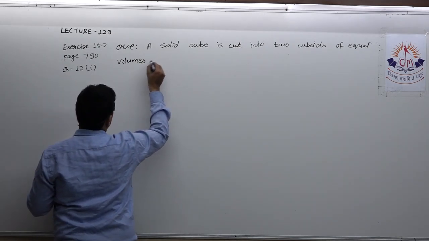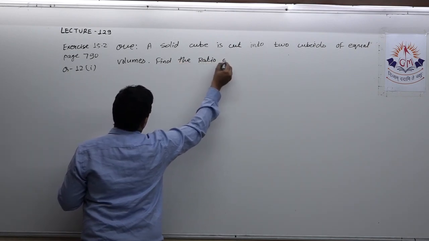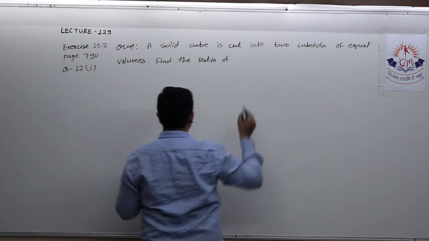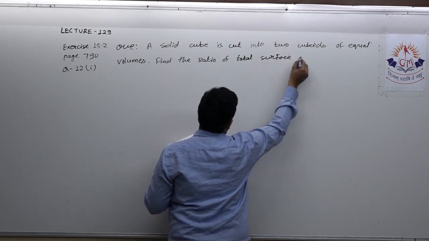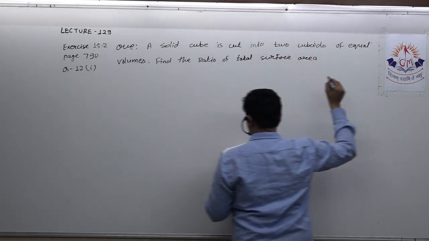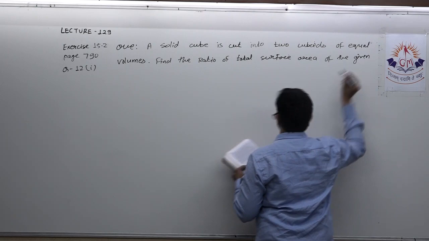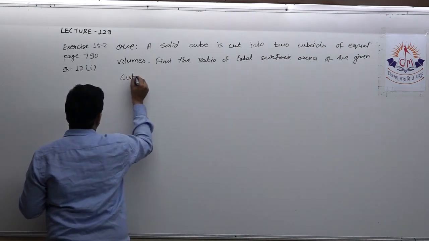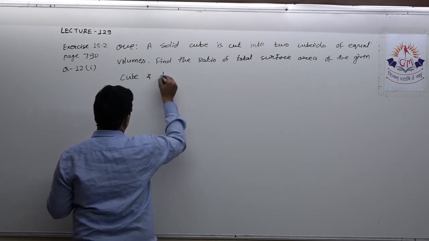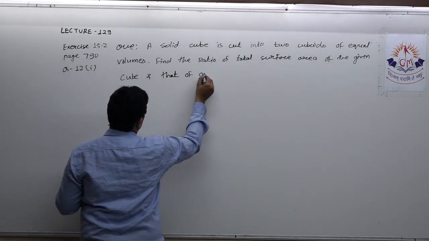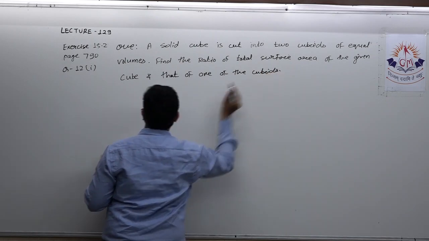Find the ratio of the total surface area of the given cube and that of one of the cuboids.